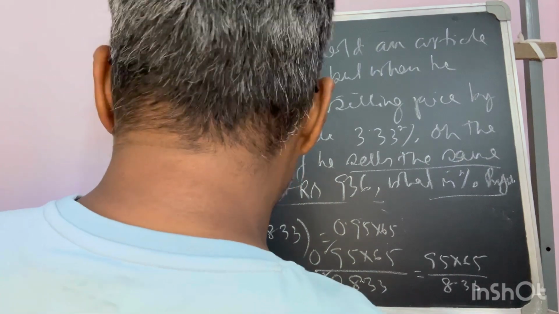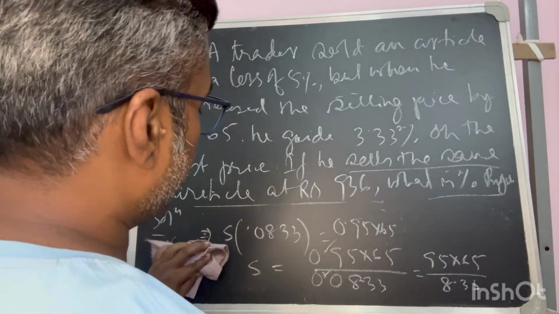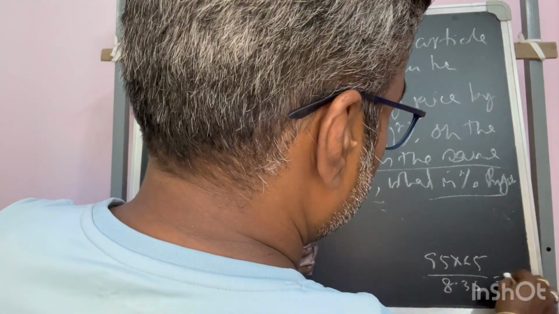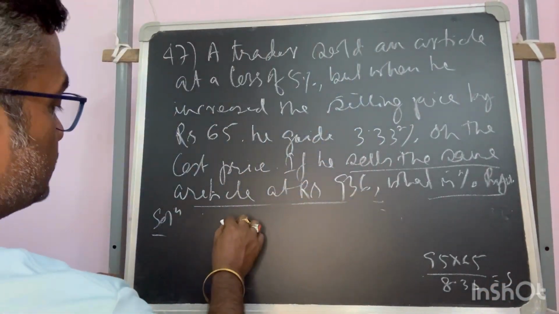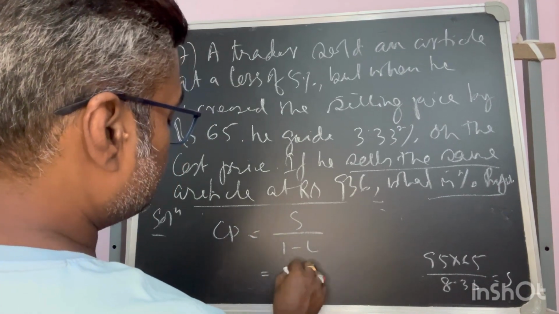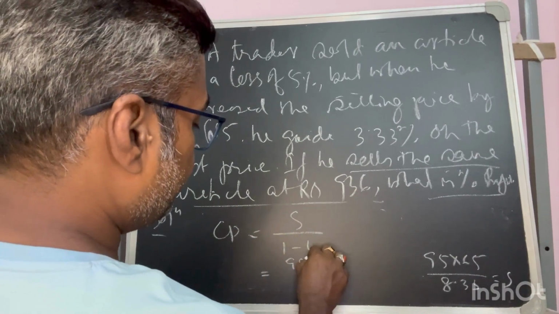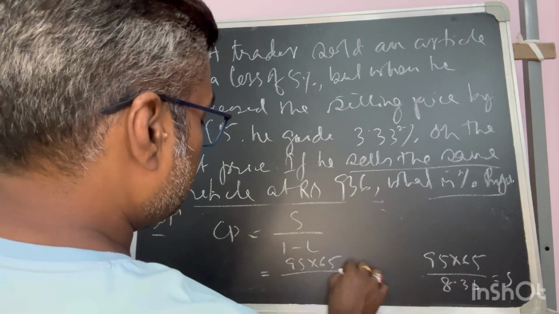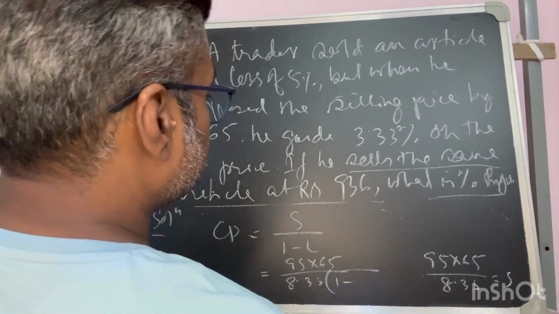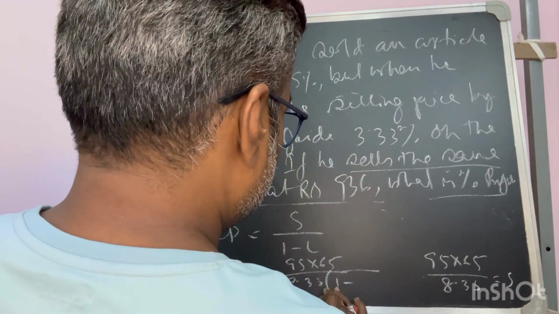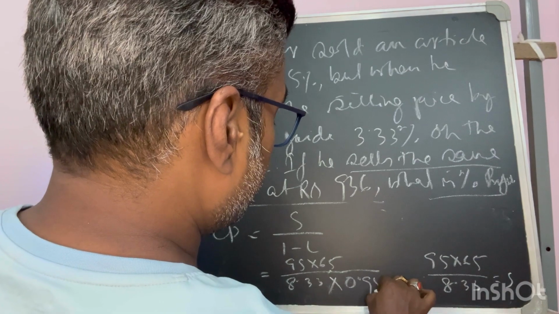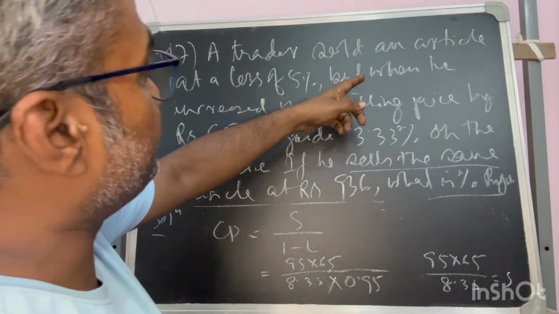Now I have to calculate the cost price. So the cost price you can find from any of the equations. This is the sales price. Remember this, this is S. The cost price will be S upon 1 minus loss. So S is equal to 95 into 65 by 8.33, into 1 minus loss, which was 5%.